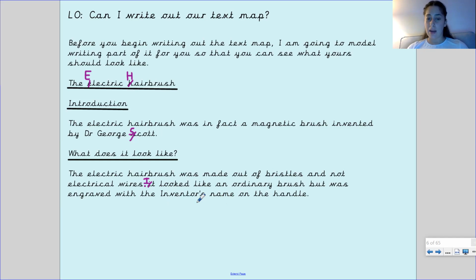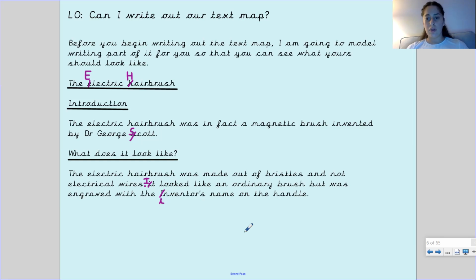It's not a proper noun. A proper noun would be the inventor's actual name, Dr. George Scott. But every inventor is called an inventor. So that's not a proper noun. It's not a special name given to somebody. So that does not need a capital letter, just a small i. Inventor's name on the handle. Well done if you spotted any of my mistakes.